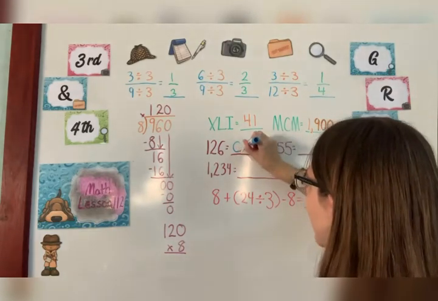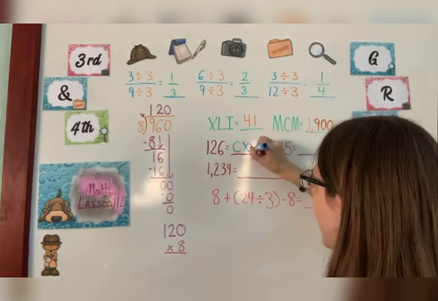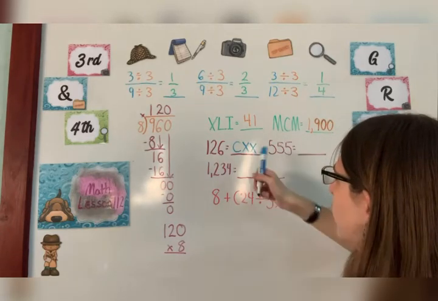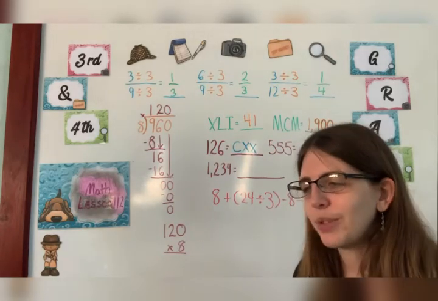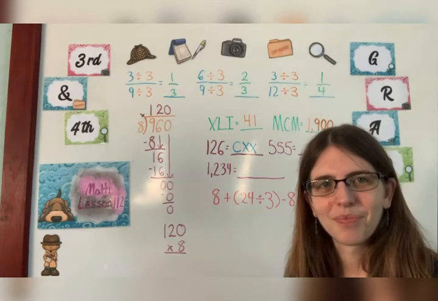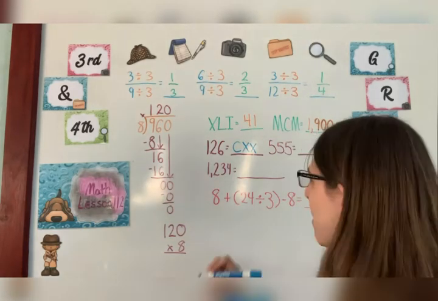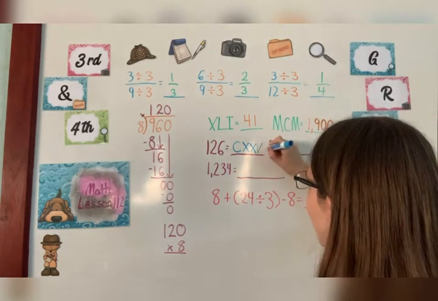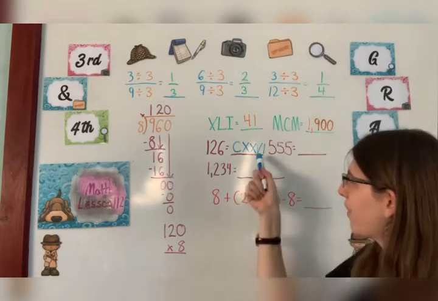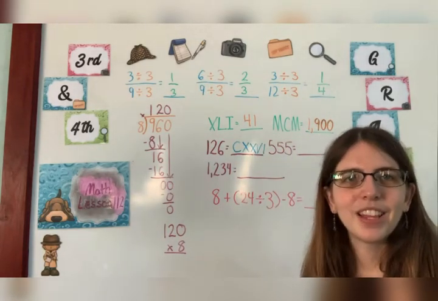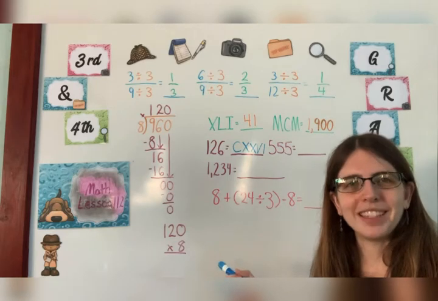That would be count by tens, X for 10, another X for 20, 10, 20. How do I show 6? Well, remember we need to write V for 5 and then I for 1. 5 plus 1 is 6. So there I have 126.